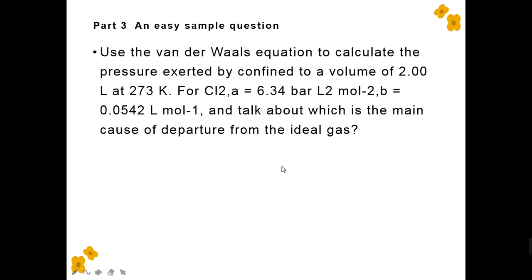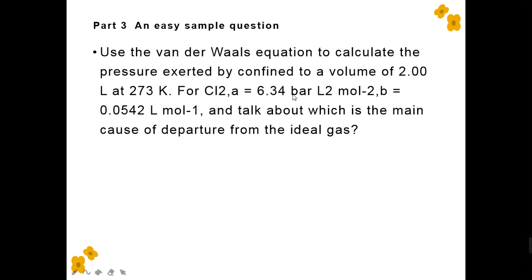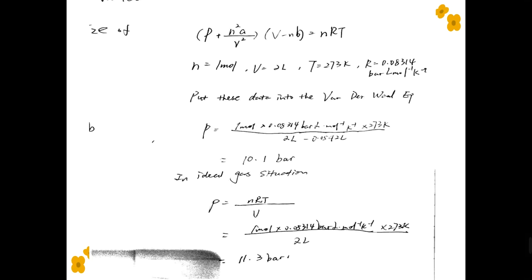The second question, how to do the second question? We can suppose it's in the ideal gas situation. The gas is in the ideal gas situation, so we don't use A and B in the question. We just use PV equal to nRT, and we get P is equal to 11.3 bar.